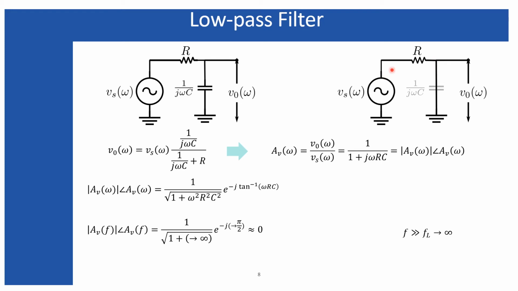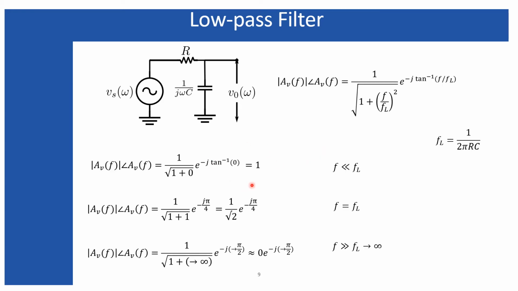And that is why all the current passes through this line, because the high frequency AC current finds this shorted, low reactance path. And the output, right now you are taking across a short circuit, and obviously you will get a 0 output. Since the output becomes 0, the gain falls down to 0, and the phase angle goes to minus pi by 2.